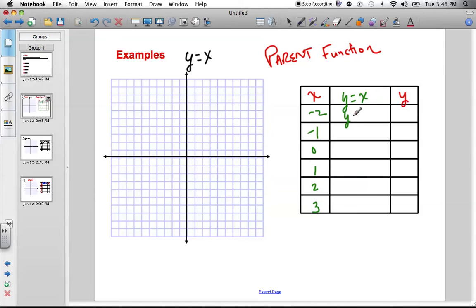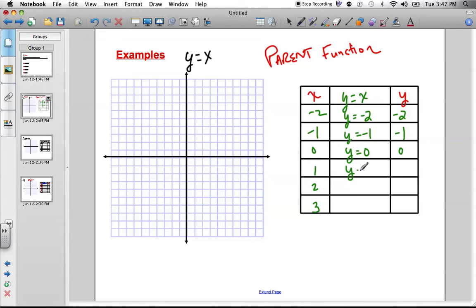And so when we put in our input, when x is -2, what's our y value? It's also -2. When our input is -1, our y value is -1. And with this equation, y equals x, it's pretty straightforward. When x is 0, y is 0.